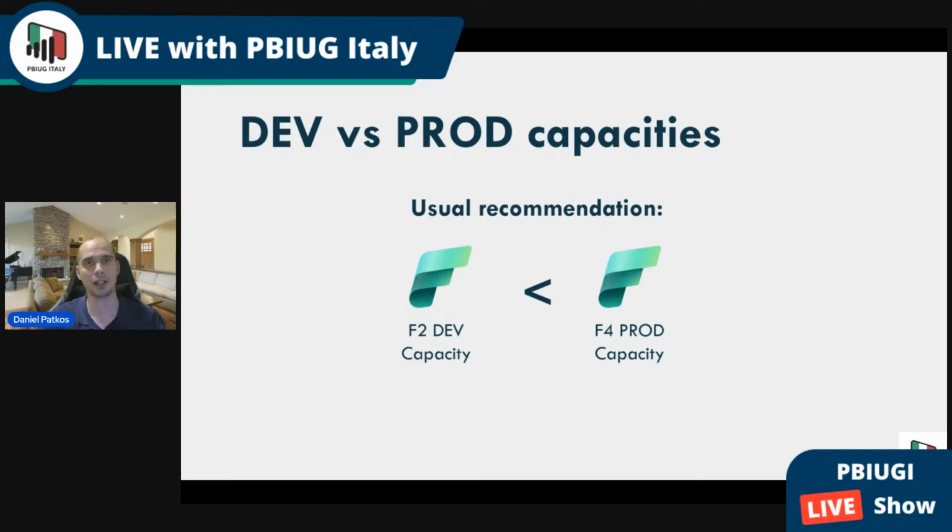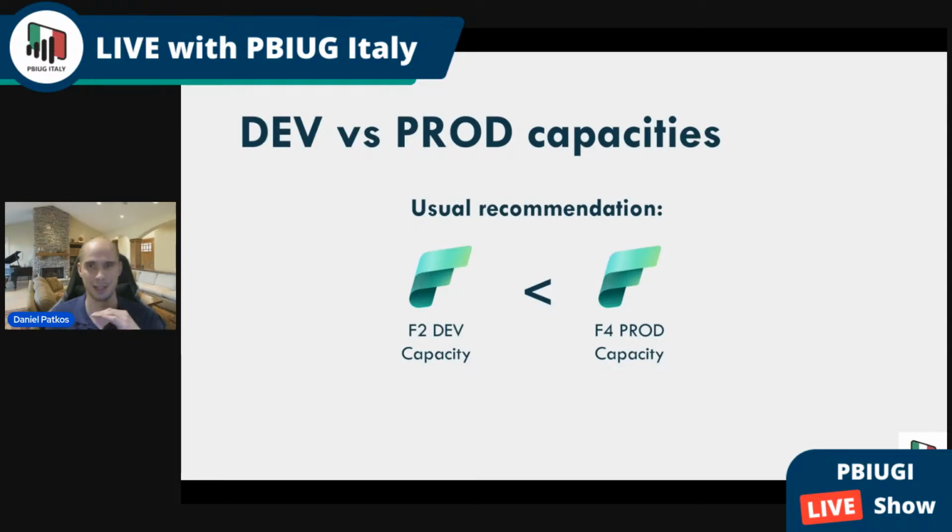And since usually you won't need the same amount of resources, because your development is not as continuous as your production, it's okay to have a smaller capacity. So if you were to select a higher capacity, like an F16, then the usual recommendation is to use a smaller capacity for dev and the larger for prod.